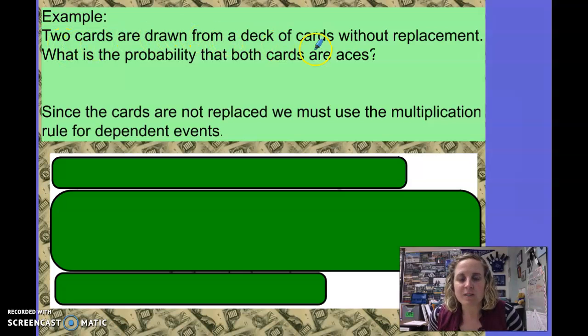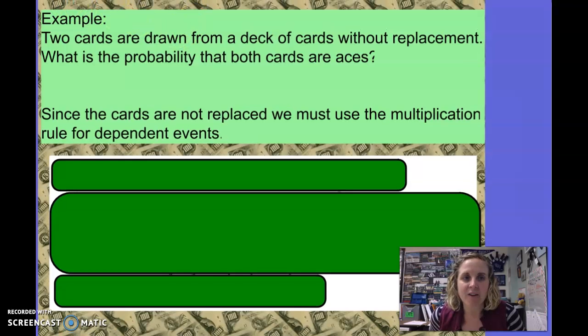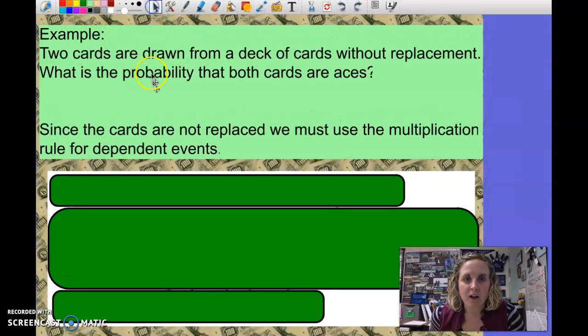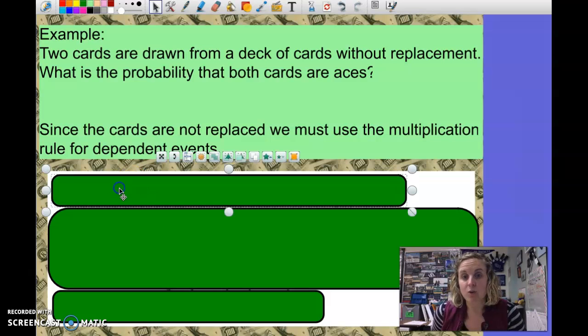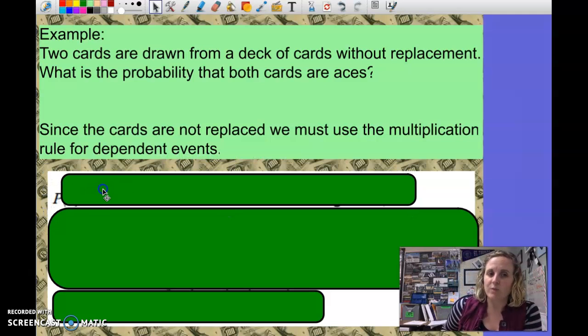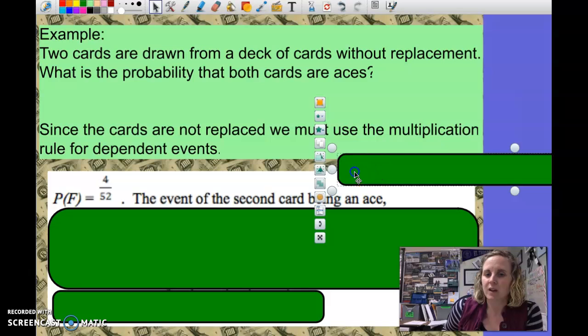Two cards are drawn from a deck without replacement. What is the probability both cards are aces? So in the first piece here, they're not replaced. So we start with 52 cards, and then after that we're going to go down to 51. We've already done a little bit of this.